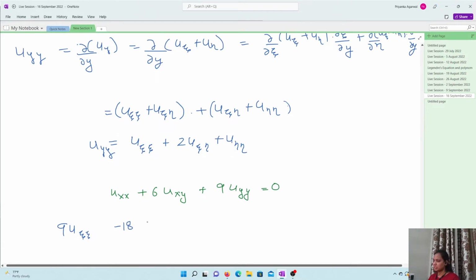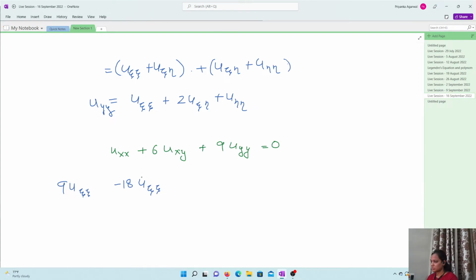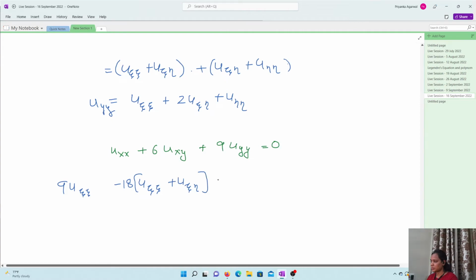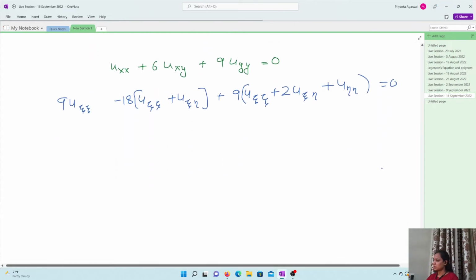So minus 18 u xi xi plus u xi eta, plus 9 times u xi xi plus 2 u xi eta plus u eta eta. And this is equal to 0.